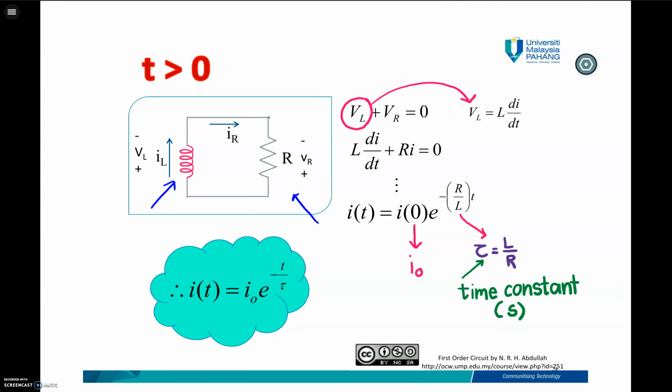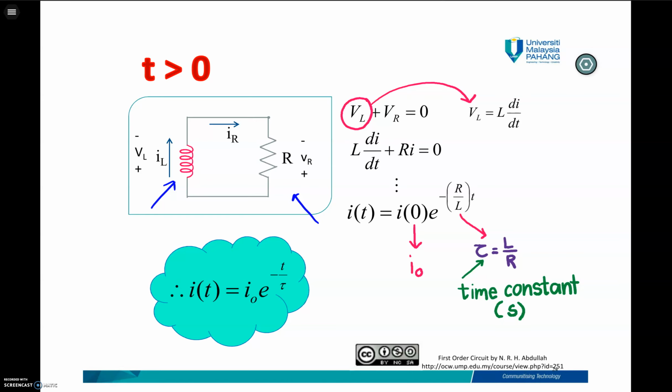The final equation will be i(t) is equal to I naught e to the power of minus R over L times t, where tau is equal to L over R.